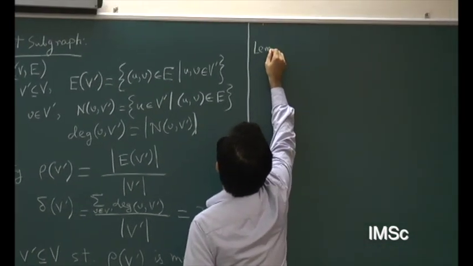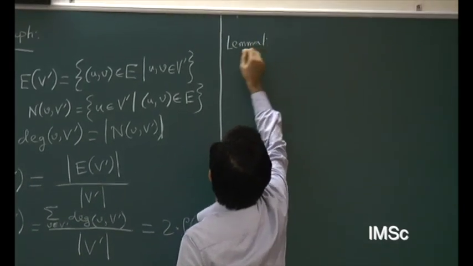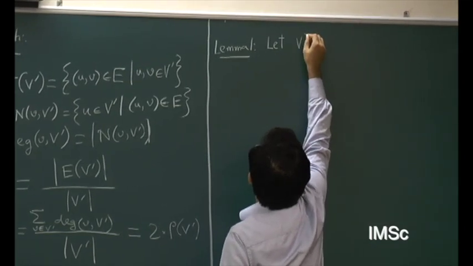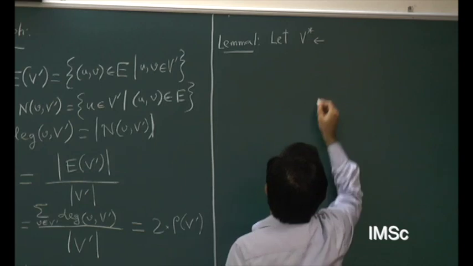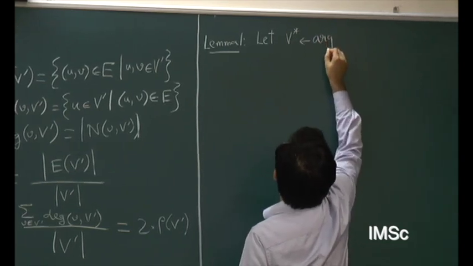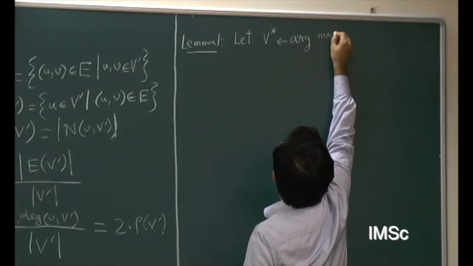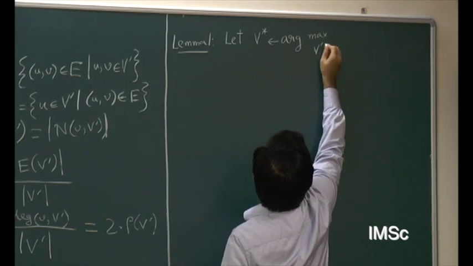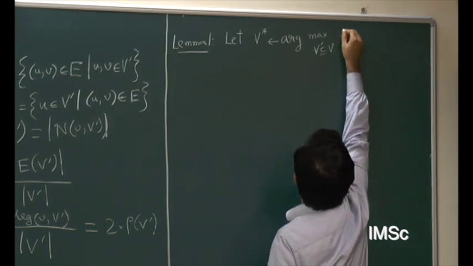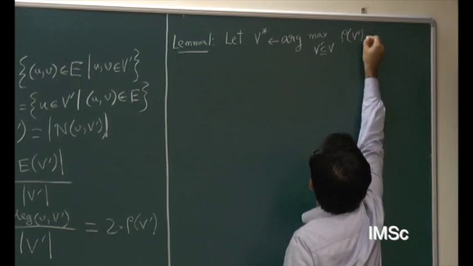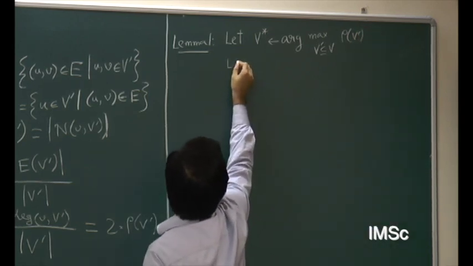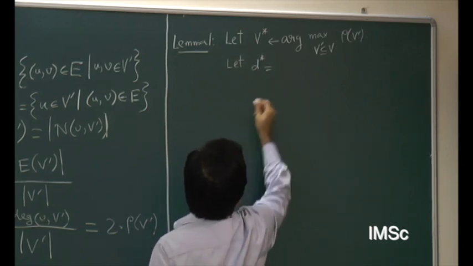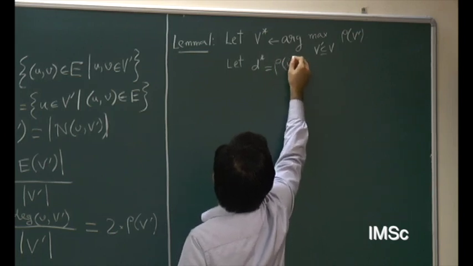The lemma is as follows. Let V star be the set that maximizes the density, and let D star be this optimum density, the maximum density.